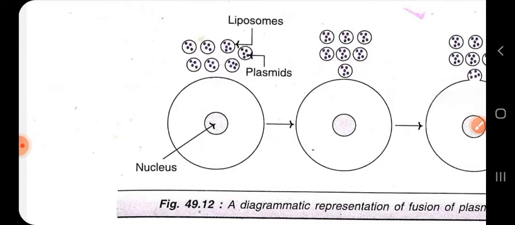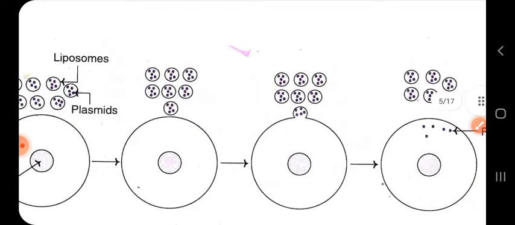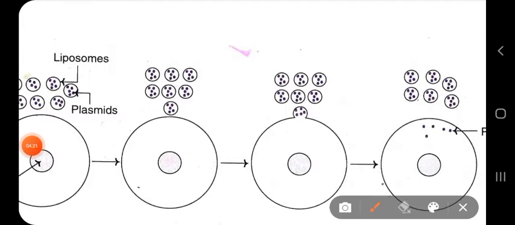Now, liposome mediated transformation only involves adhesion of the liposomes to the protoplast surface. You can see the liposomes are attached to the surface of the protoplast, or to the plasma membrane of animal cells.